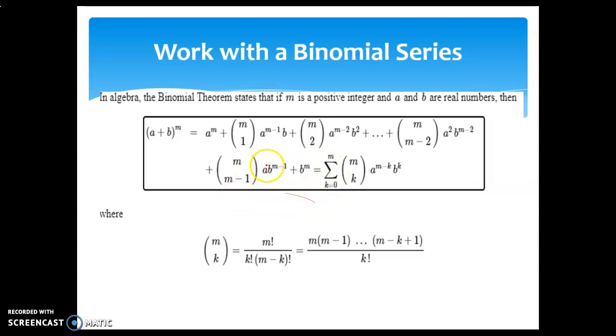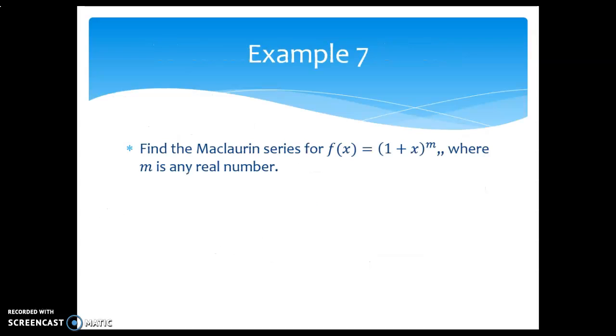So this is called the binomial theorem. So m choose k is going to be equal to m factorial divided by k factorial times m minus k factorial. So this is how a binomial series looks like.